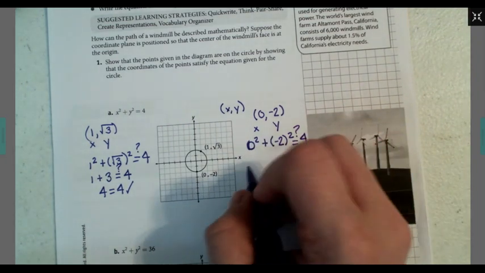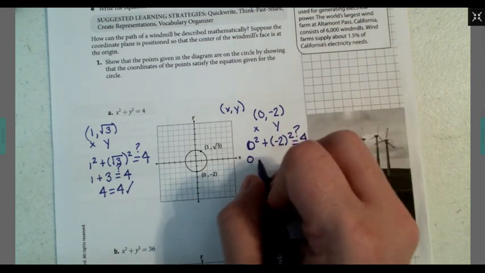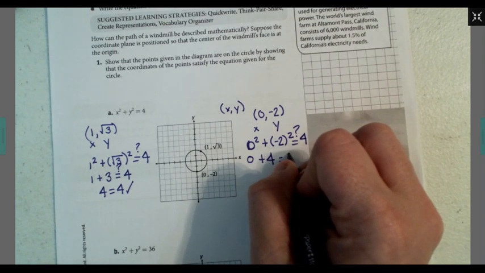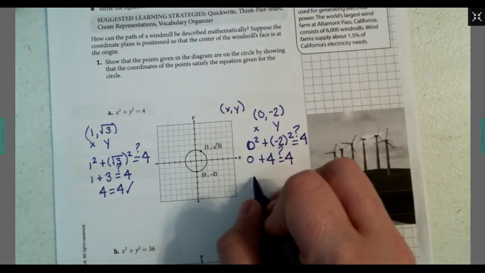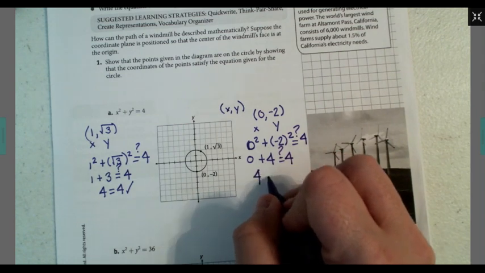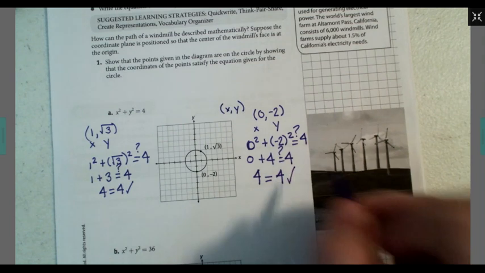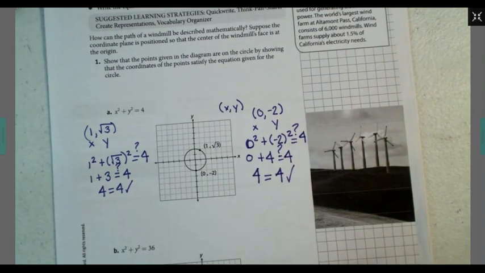Well, 0 to the second power is 0. -2 to the second power is 4. And so I have to ask myself, is 0 plus 4 equal to 4? Yes. This equation is true. So (0, -2) is indeed on the circle.